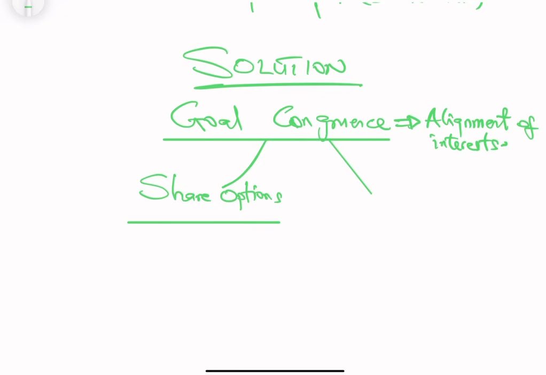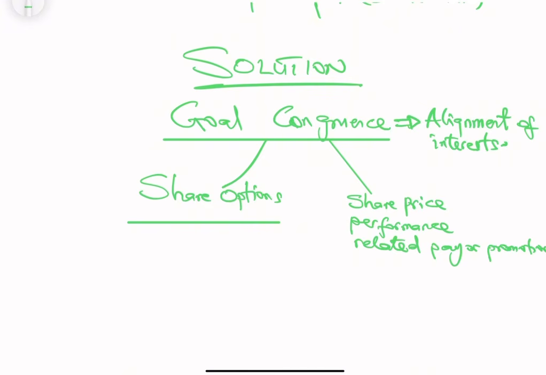Another one is to give benefits that are tied to the share price of the company. So you give share price performance related pay, either pay or promotion. In an exam, if you want to say more than two, you can separate it.